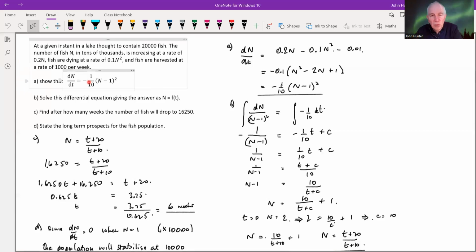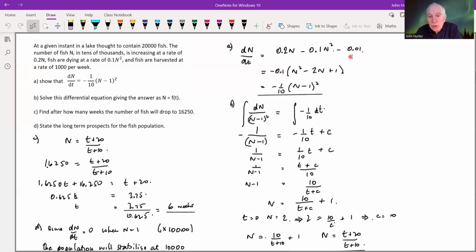Right. Well, let's have a look at the differential equation that's defining these. So we've got net rate of change here. So the rate of change of the number of fish, all in tens of thousands, of course, is equal to 0.2 n, that's from the question, minus 0.1 n squared, again, minus 0.01, that is the 1,000 a week that's being fished.